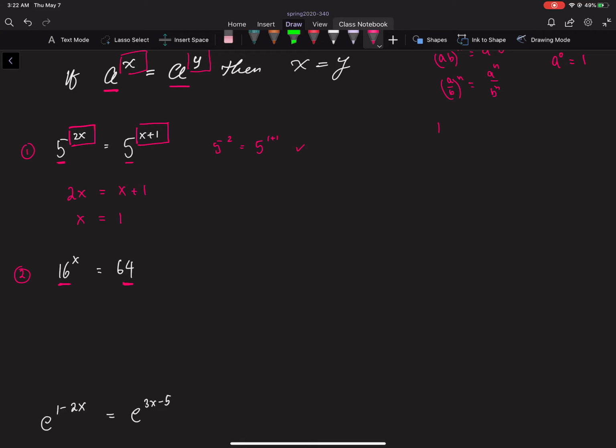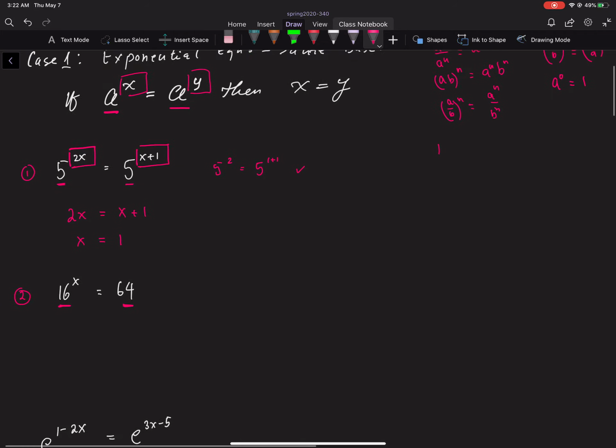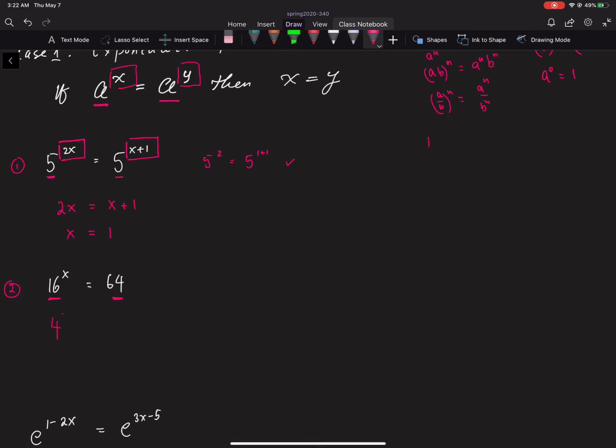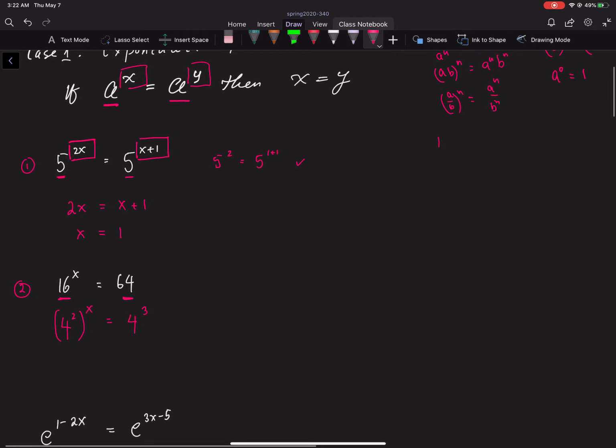So I can see that I can write 16 to the x as 4 squared raised to the x, and I can write 64 as 4 to the cube. So if I apply my rules of exponents over here, this really becomes 4 to the 2x is equal to 4 to the cube.